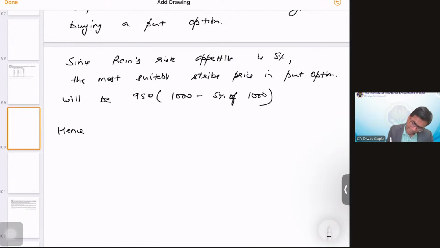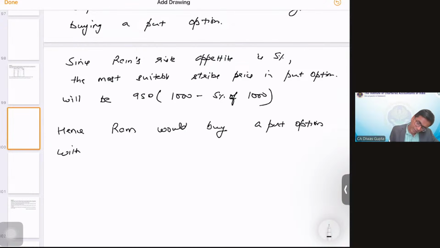Hence, Ram would buy a put option with a strike price of rupees 950.